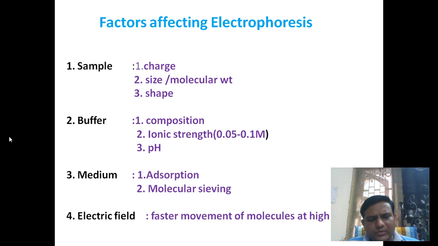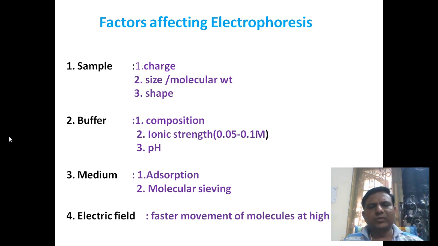So depending upon the composition or chemical nature of the gelling agent, agarose is chemically different from polyacrylamide gel. So agarose, Sephadex or polyacrylamide gel.